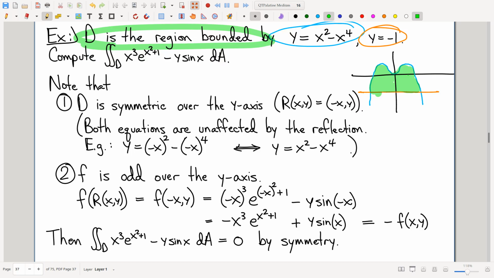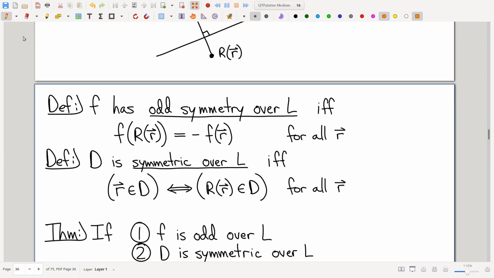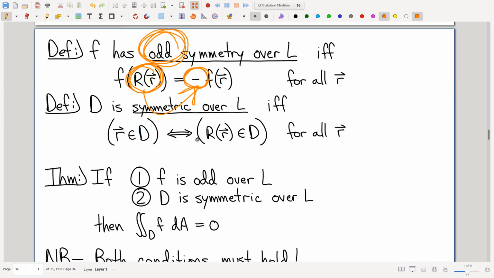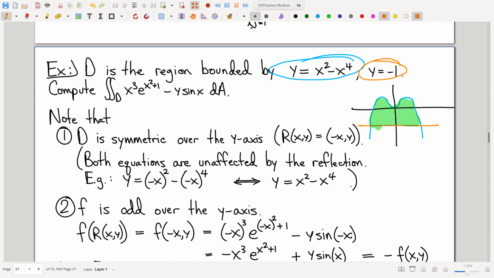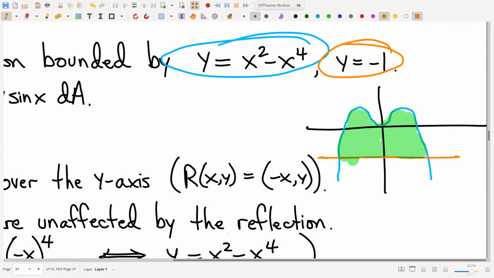Let's see. Now I further claim that the integrand is odd. Now the way we show an integrand is odd, keep in mind, you show something as odd by plugging in the reflection and making sure you get a minus sign. So, okay, no problem. How do we determine what the formula is for the reflection here?